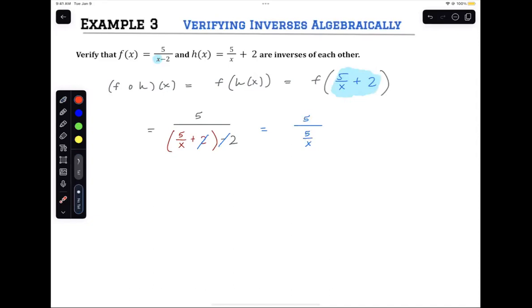So I could actually change the 5 to 5 over 1, and we're dividing that by the 5 over x on the bottom. So we're going to change this to 5 over 1 times x over 5. Then I have a 5 in the numerator and a 5 in the denominator, so I can cross cancel these. So this cancels with this 5. So I'm left with just x over 1, which is x.